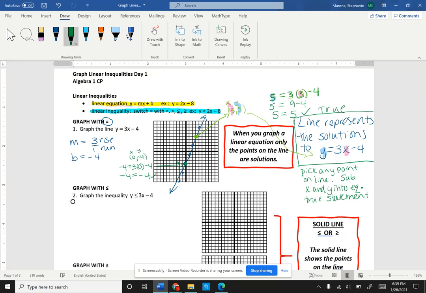So that's a little bit shorthand. So we're going to pick any point on the line. If we substitute x and y into that equation, we're going to get a true statement.